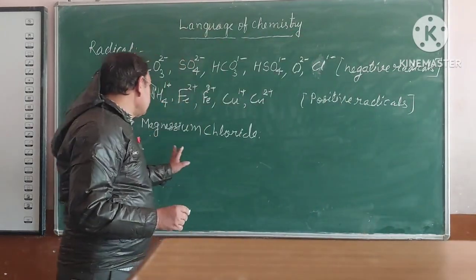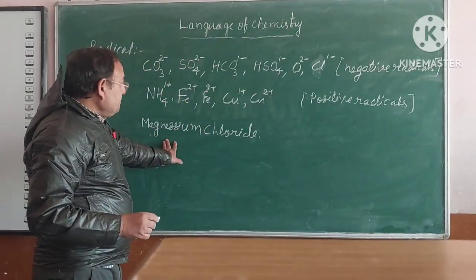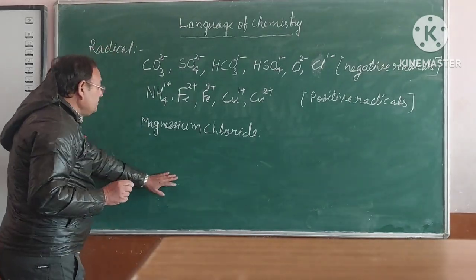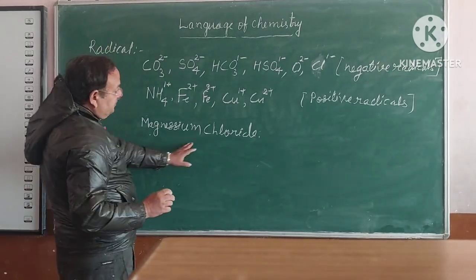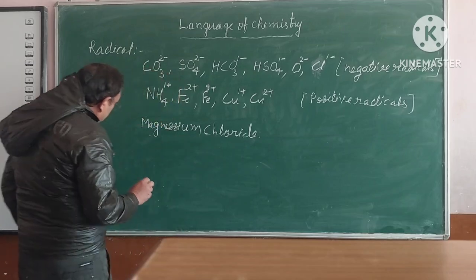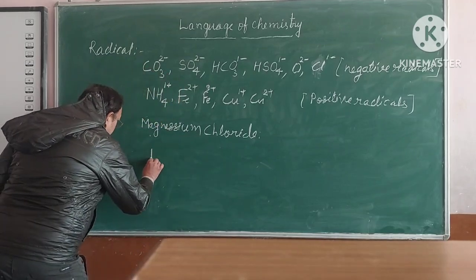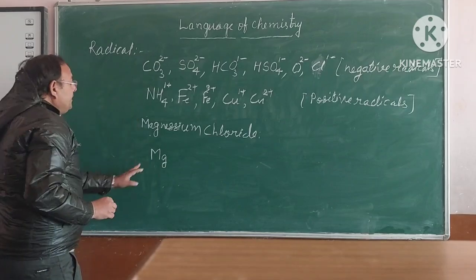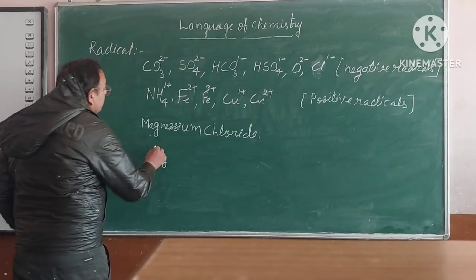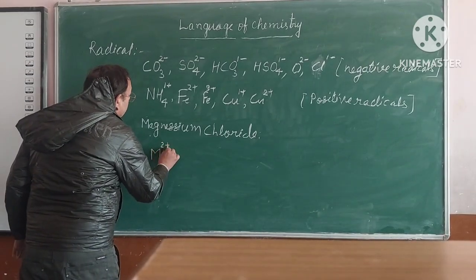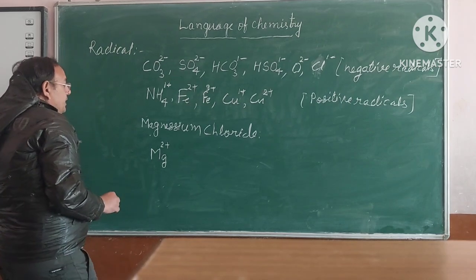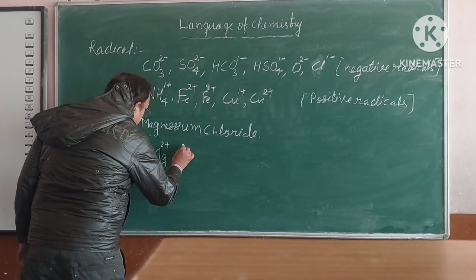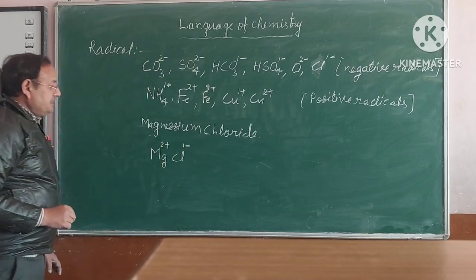Through this example, you will easily understand. I am going to write the formula of magnesium chloride. First we write the magnesium radical Mg, and the magnesium radical is Mg2 plus, and the chloride radical is Cl minus 1.